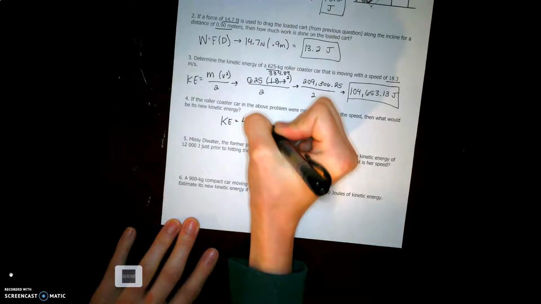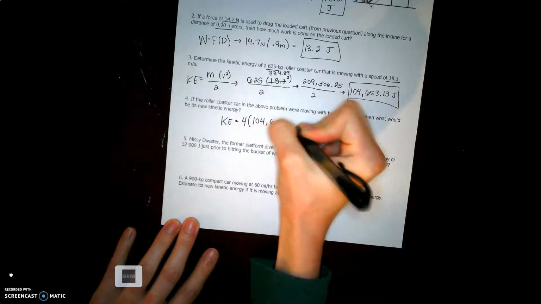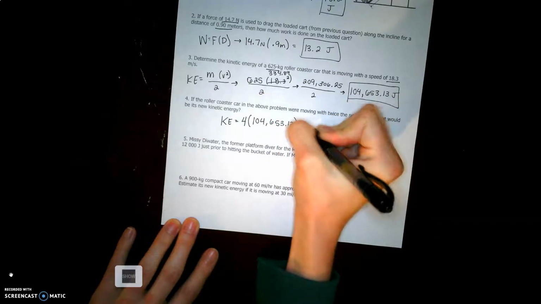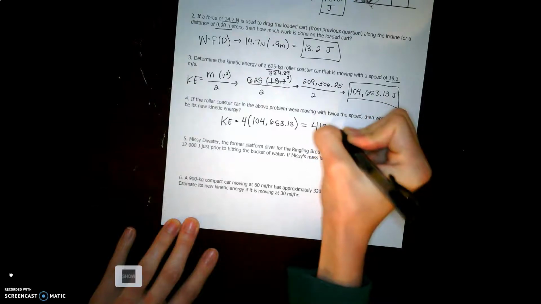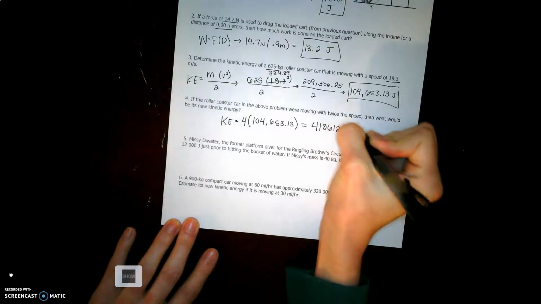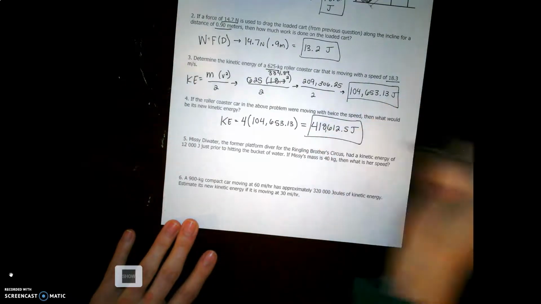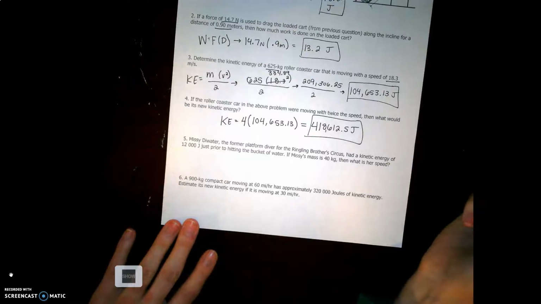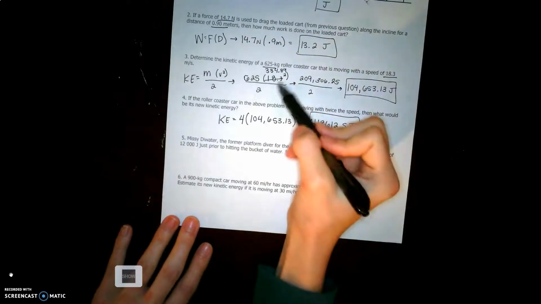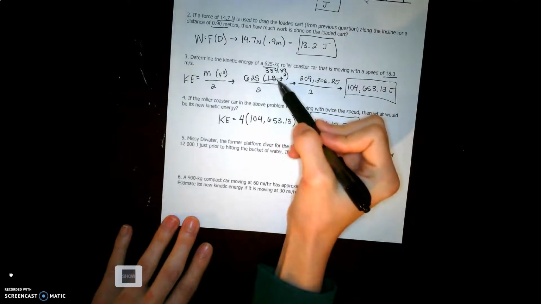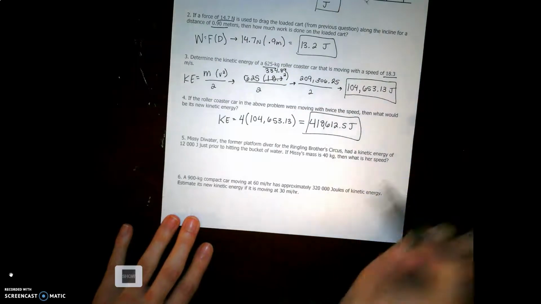So taking the previous kinetic energy from that answer and multiplying by 4, the new kinetic energy would be 418,612.5 joules. And again, if you doubled that velocity to 18.3 and solved for it, you'd get the exact same answer.